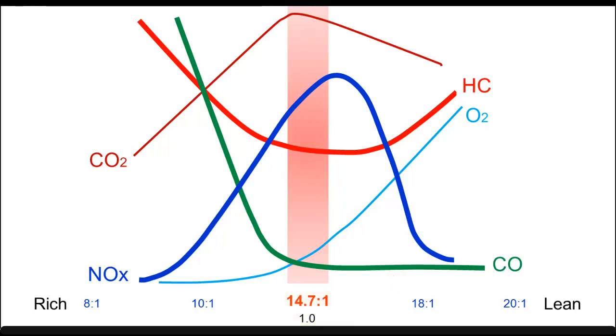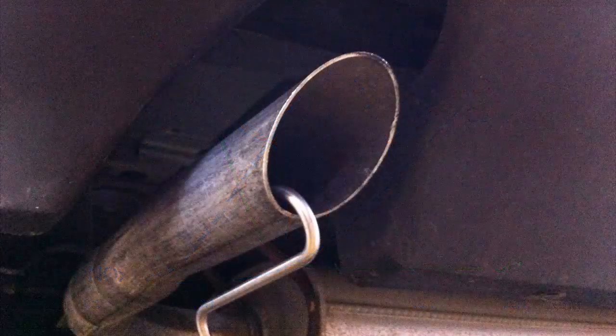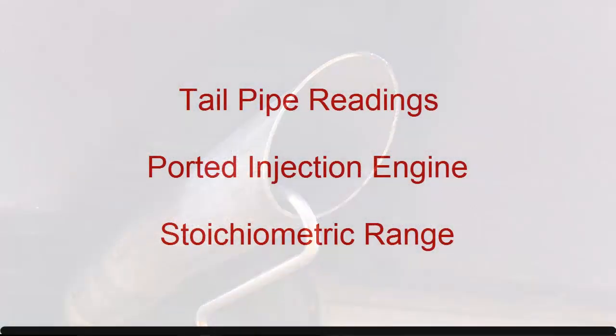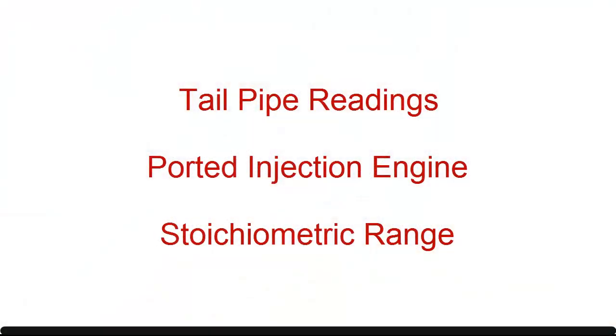Pre-cat emissions are very useful, but tailpipe emissions are far easier to sample. The challenge here is that catalytic converter operation can mask smaller engine controls problems. The engine is running in the stoichiometric range.